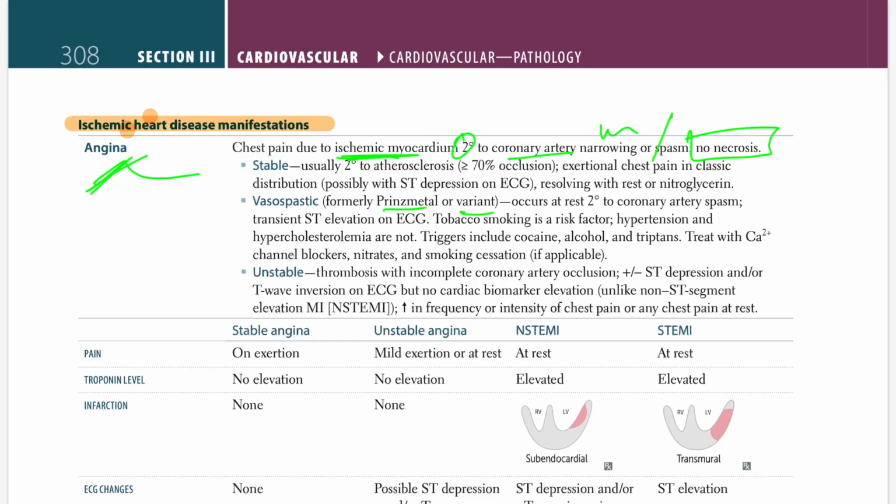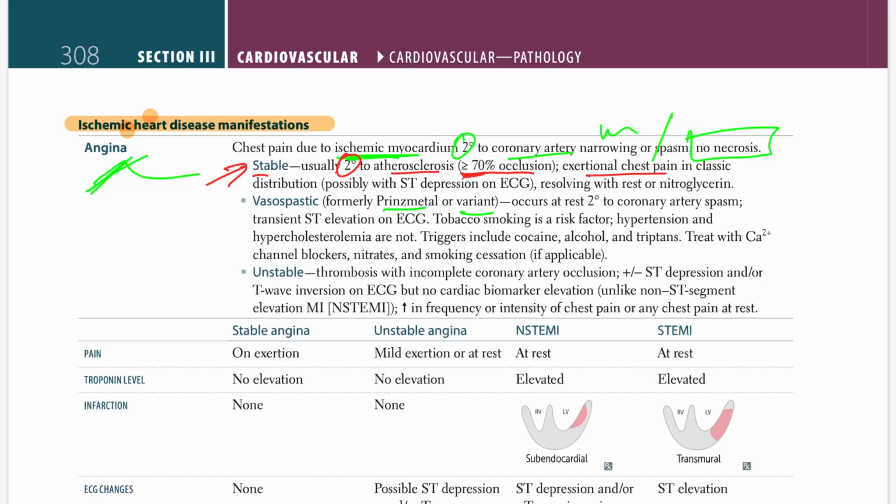So let's look at the stable one. Changing color. Stable angina. It is usually secondary to atherosclerosis, which is greater than 70% of occlusion has to occur in order for someone to go into stable angina. Greater than 70% of the vessel has to be occluded. So exertional chest pain is there.